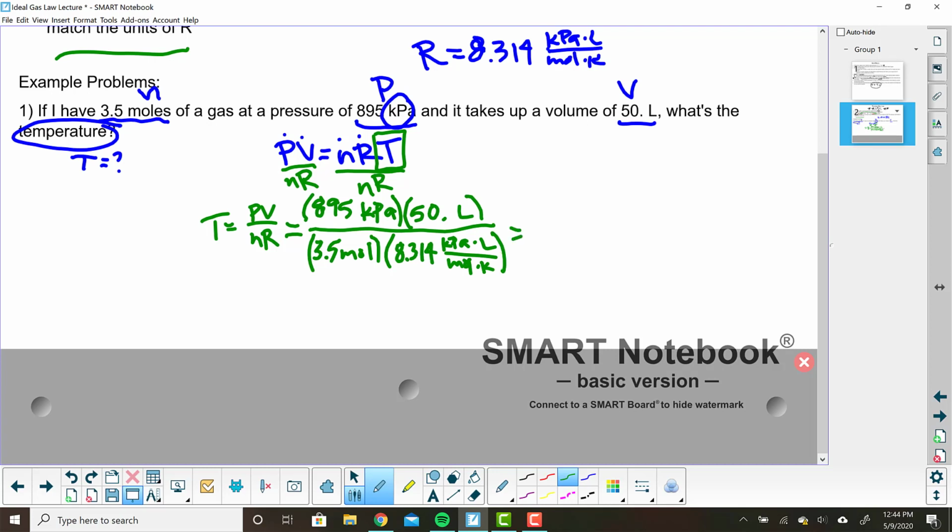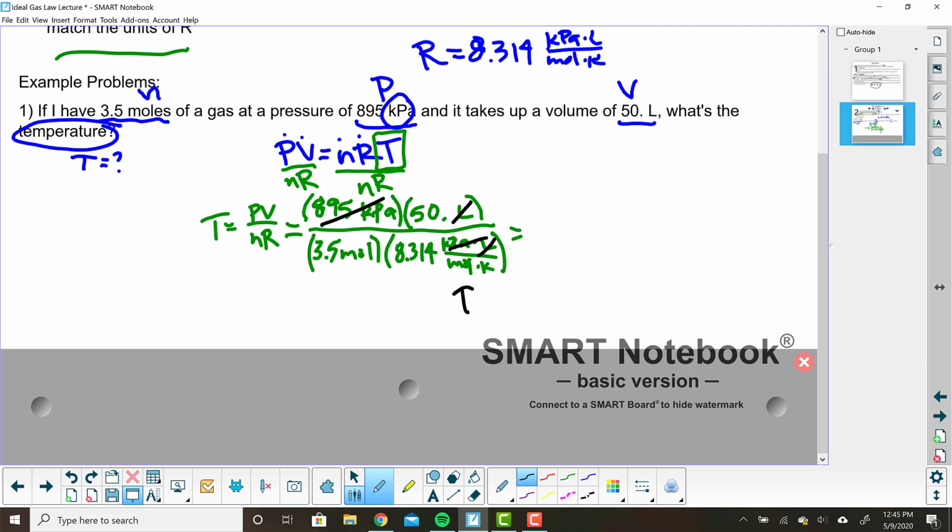So let's just double check that all of our units will cancel. Because if your units don't cancel and we don't end up in Kelvin, then we made a mistake somewhere. We know that since we are solving for temperature, we have to end up in Kelvin. So this R value is where things get complicated because we have a fraction in the denominator. So we have to go back to our math rules. The numerator of the denominator will cross off with the numerator of the numerator. So we just lost our kPa and our liters because those are both in the numerator, sort of.